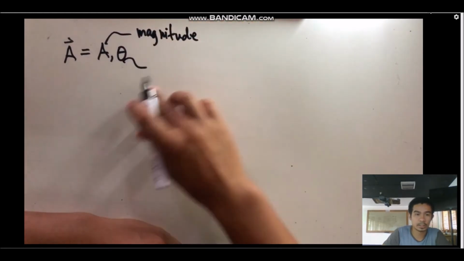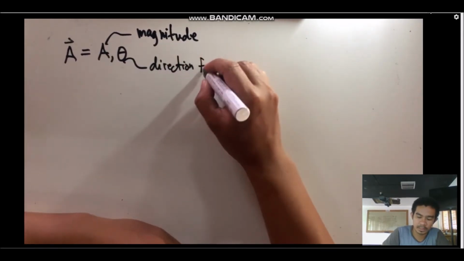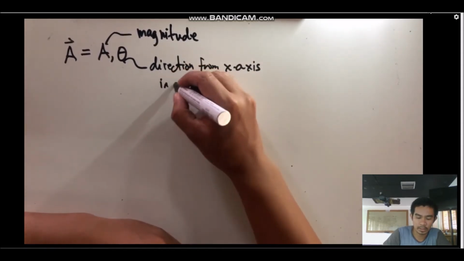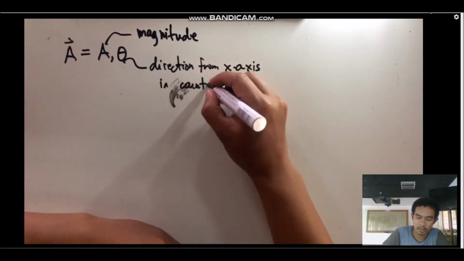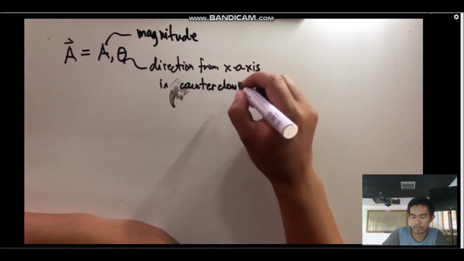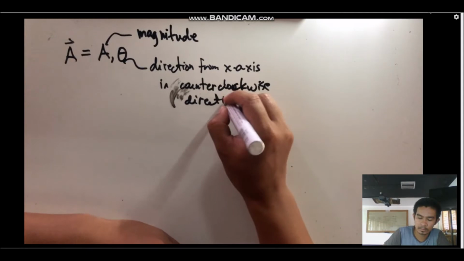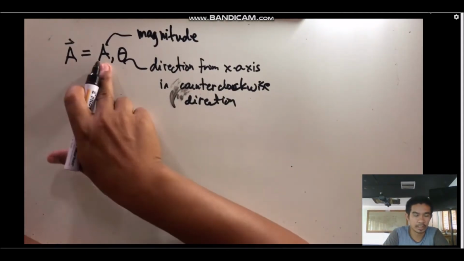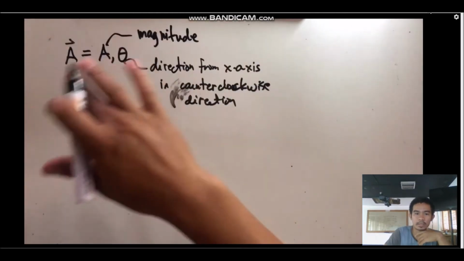This theta is the direction from the positive x-axis in the counterclockwise direction. So again, for two dimensions, theta is the angle between the vector and the positive x-axis in the counterclockwise direction.